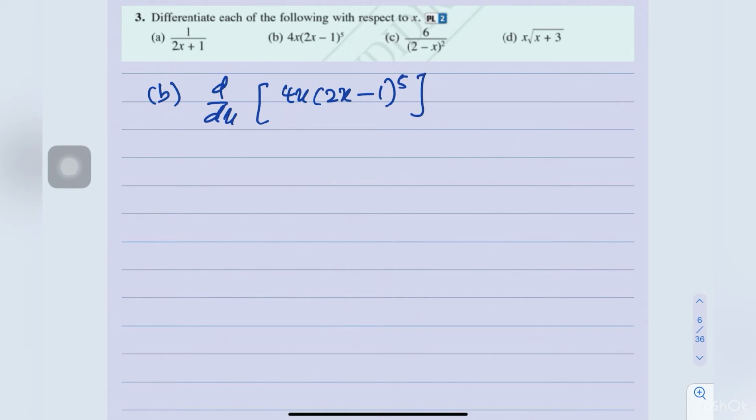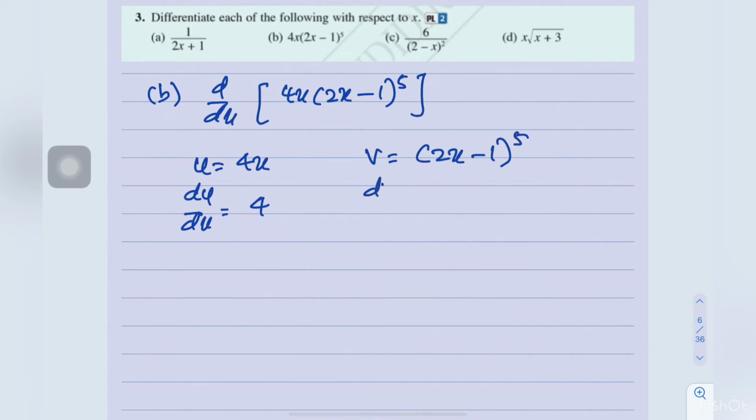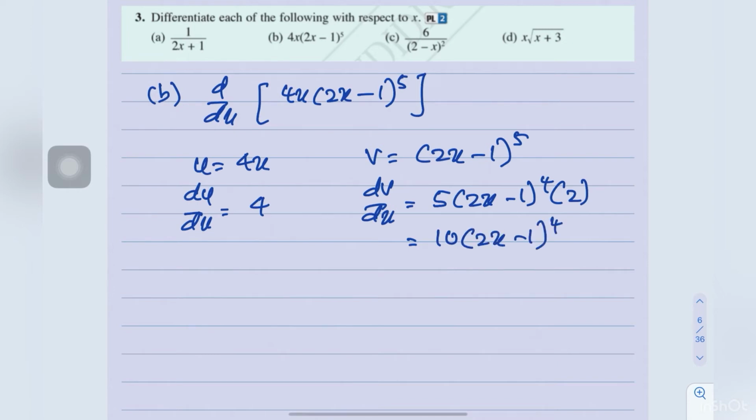For this kind of question, you have to use the product rule. u is 4x, du/dx is 4. v is (2x minus 1) to the power of 5, so dv/dx is 5 (2x minus 1) to the power of 4 times 2. You use the power rule, so this one becomes 10 (2x minus 1) to the power of 4.